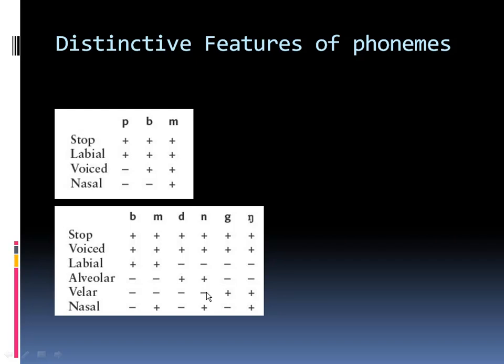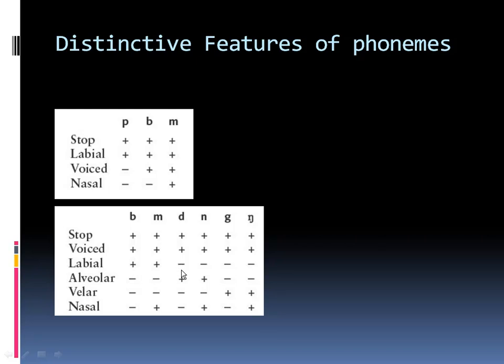Okay, let's look at another list. Same thing here. So once again, these features are distinctive when the plus value in one word contrasts with the minus value in another word. So there's labial, okay? In terms of labial, boo and do are different because boo is labial, lips are involved.